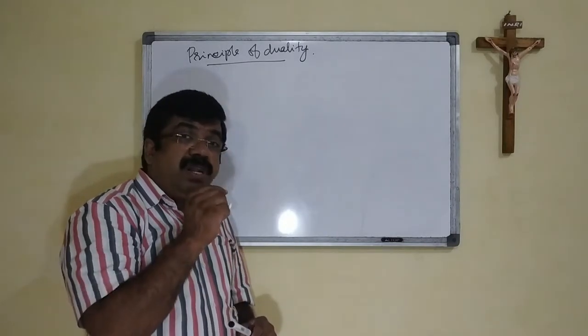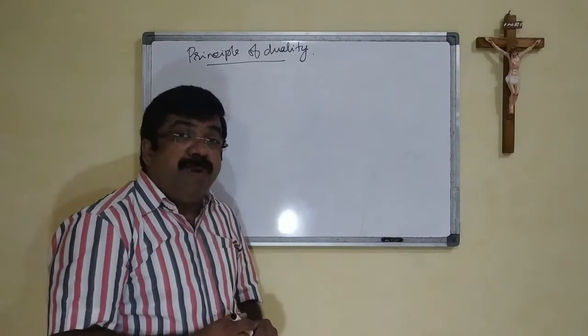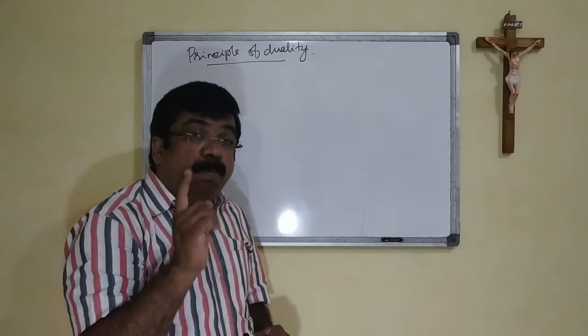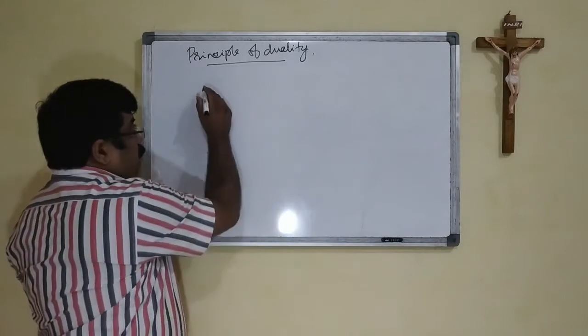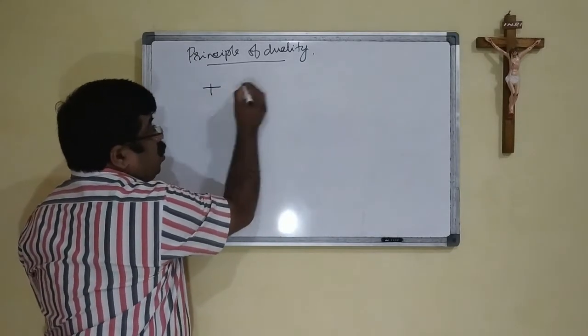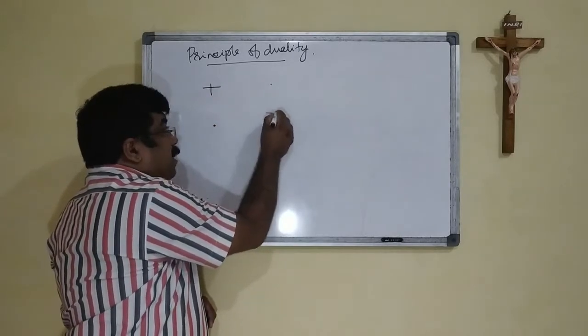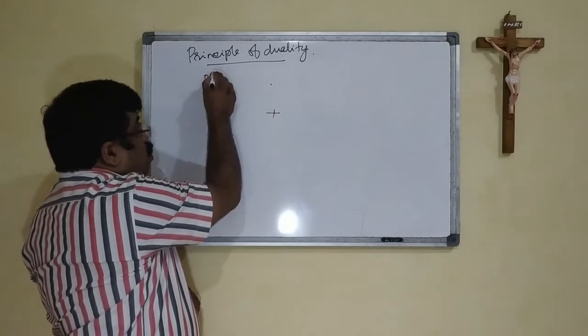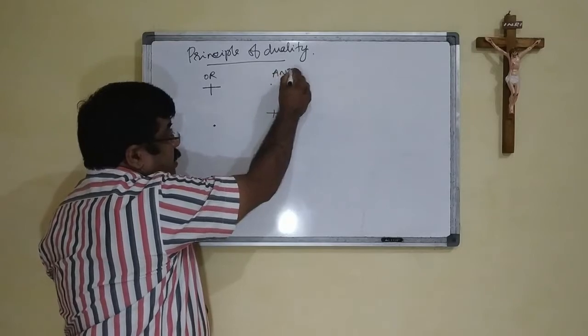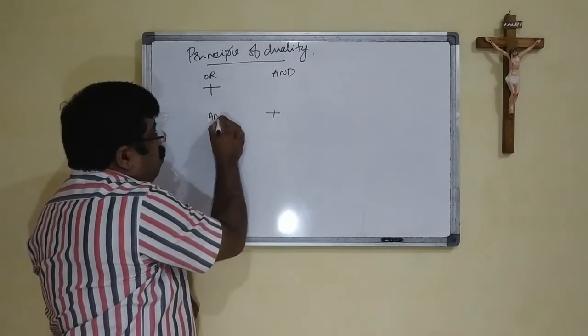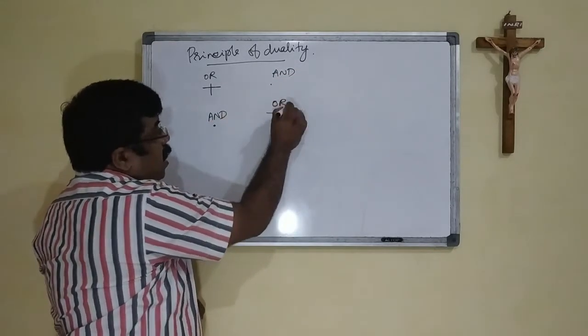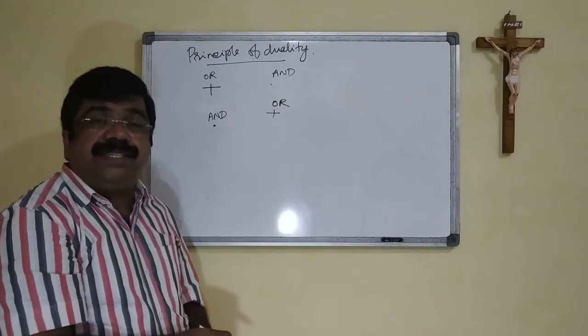The dot should be replaced by the OR operation, the plus symbol. Okay, changing every plus to dot and every dot to plus. This is OR and this is AND. Every AND should be replaced by the OR gates.